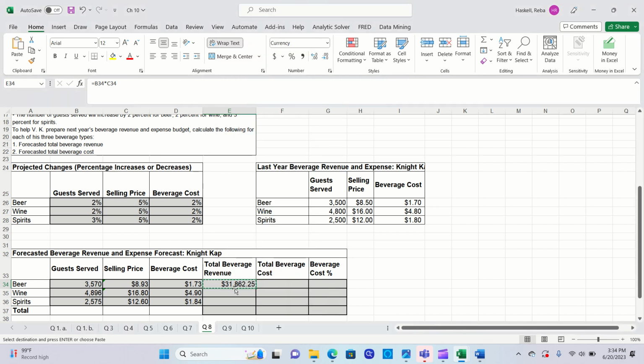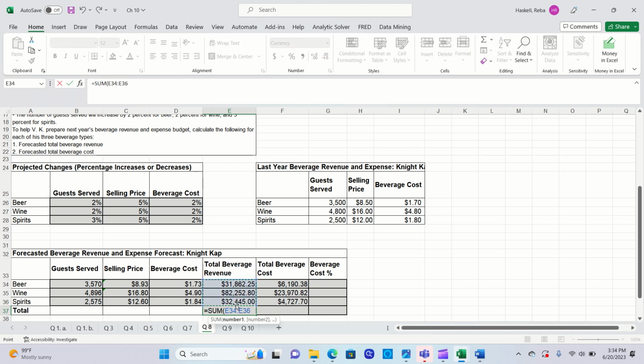And we can use this formula here. Our total beverage costs will be our total guests served multiplied by our beverage costs. And again, we can calculate here. Let's go ahead and sum these up.